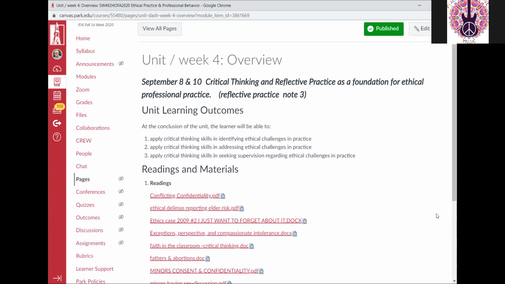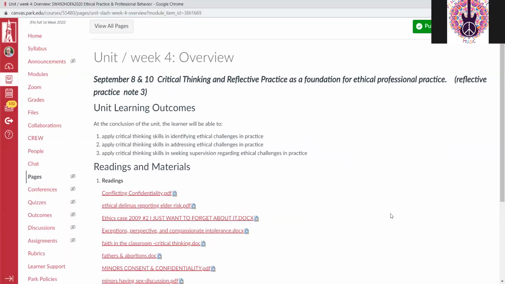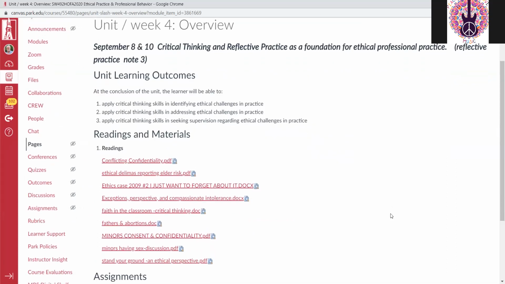This is unit or week 4. This is the overview of everything that's for this assignment. And by the way, I have gone through and I've made sure that the drop boxes are properly configured, so you should not have a problem getting these submitted.